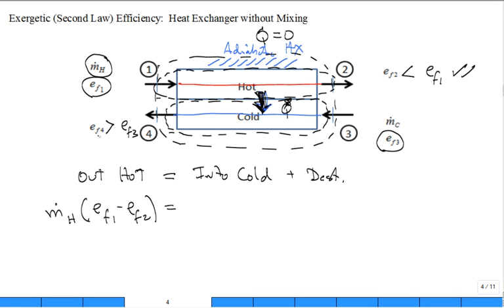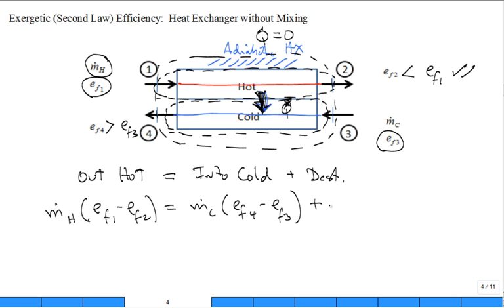So what you would like to see is everything out of the hot gets into the cold. Well, m dot cold times EF4 minus EF3. But if it doesn't go there, and the heat exchanger is almost by definition irreversible, there's a lot of entropy generation in them.